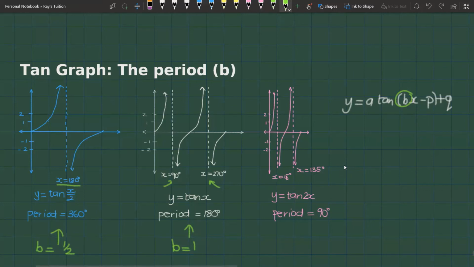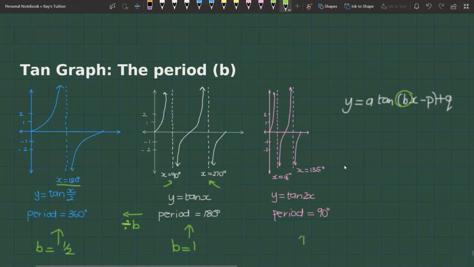You'll see that the new period and the new asymptote we can get by taking the old one and dividing by b. So 180 divided by a half is 360, 90 divided by a half is 180.